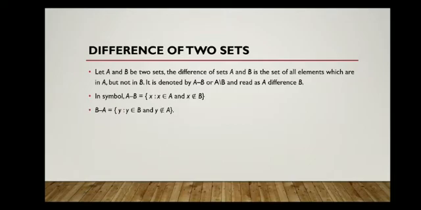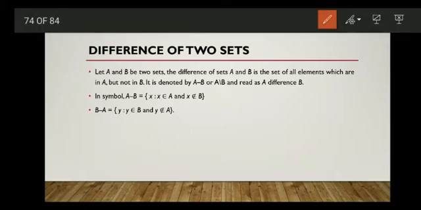B difference A will be equal to the set of all y such that y belongs to B and y doesn't belong to A. So if we take the difference of two sets, the element should be in the first set and should not be in the second set.